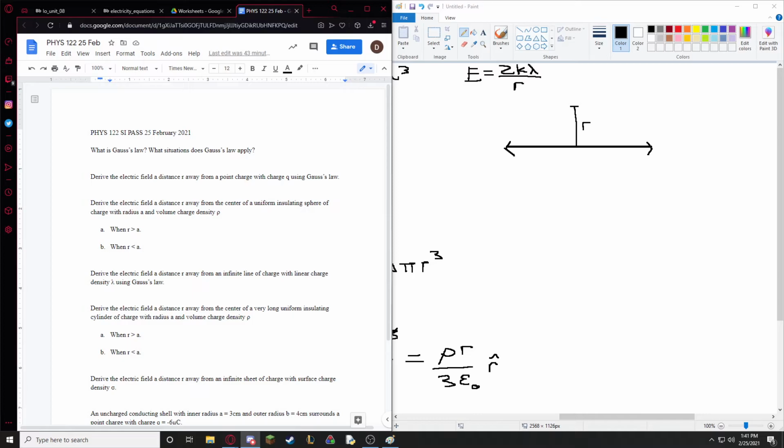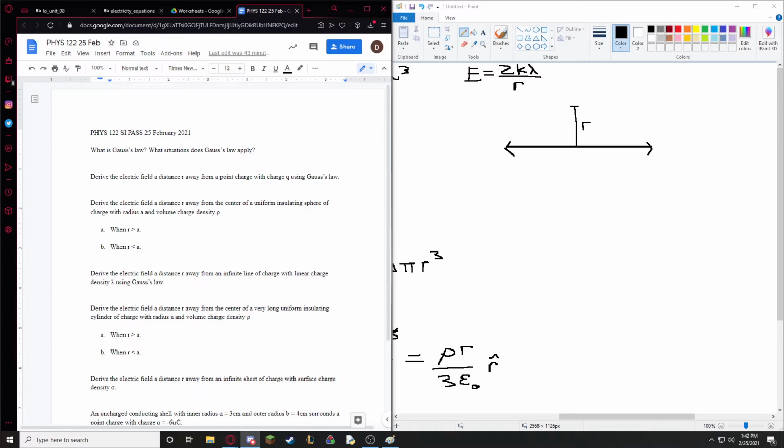All right, so we want to derive our electric field for our infinite line of charge using Gauss's law. What sort of symmetry is this situation? For our point charge, it was a spherical symmetry. For a line of charge, would it be cylindrical?